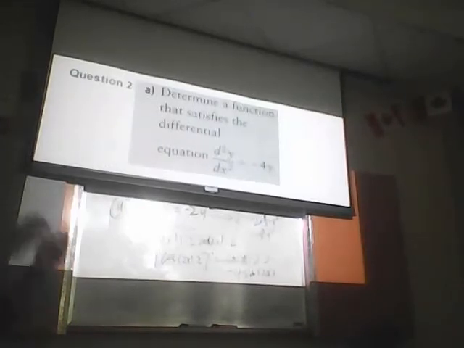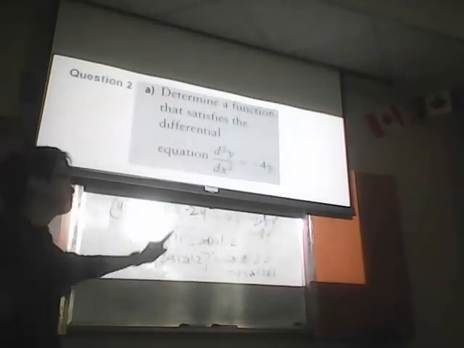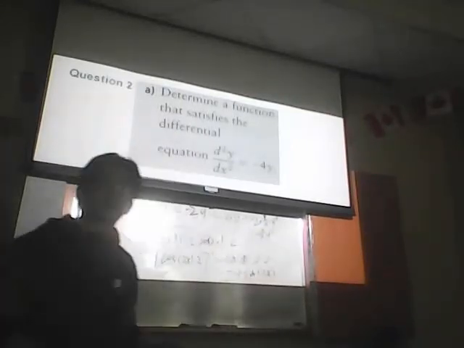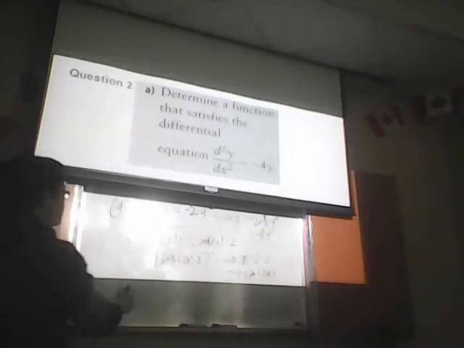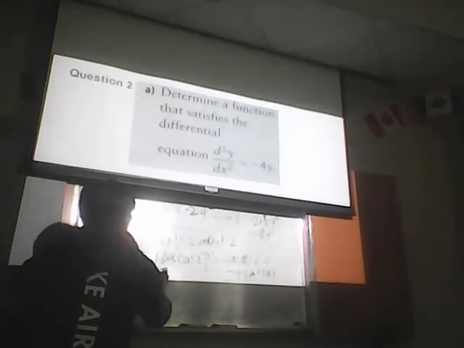So negative times a positive equals negative. So this is negative 4 sine 2x, and sine 2x equals y.